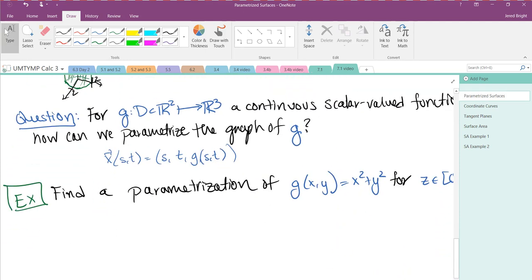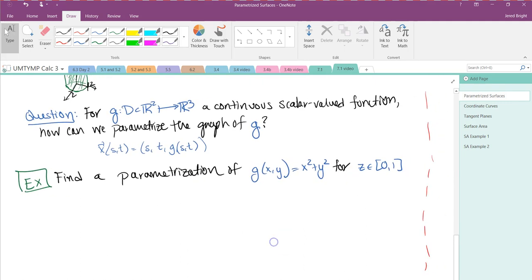Okay, so in the next example here, we want to parameterize the paraboloid for z within 0 to 1. And so one parameterization that exists using our above idea: s and t is equal to, well, if I do s in the first component, t in the second component, then the last component is going to be s squared plus t squared. Now I need to make sure to restrict my parameters.